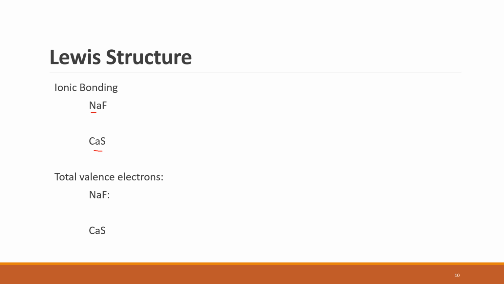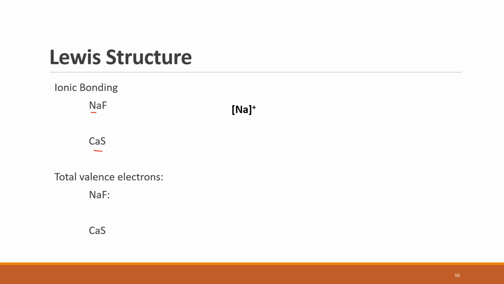For instance, sodium has 1 valence electron when it's neutral, but when it forms an ion, it gives away that 1 valence electron, and in this case, it's giving it to fluorine. That's why they're bonded. So we write it with Na, brackets around it, and a plus sign on the outside.